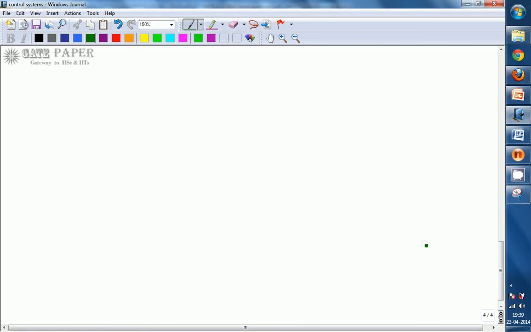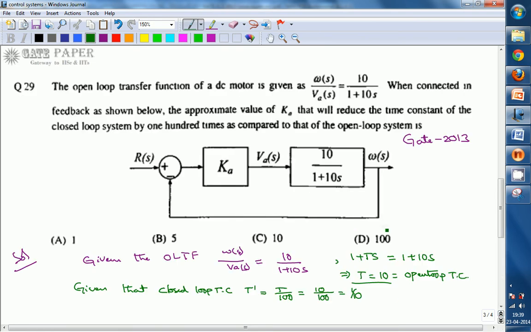So now we are going to find the closed loop transfer function. That is obtained by calculating the closed loop transfer function here. Ka and this open loop transfer function 10 by 1 plus 10s are in cascade, so we multiply them, and we have a unity negative feedback here.